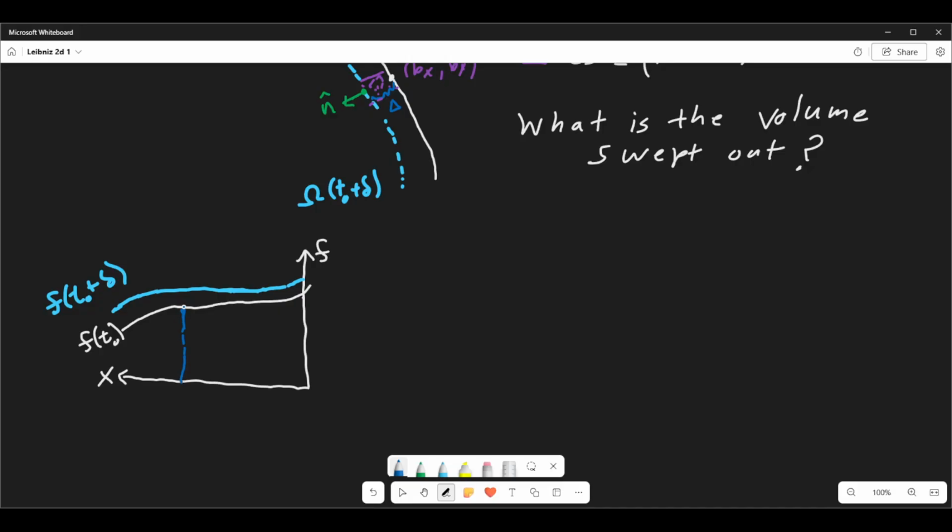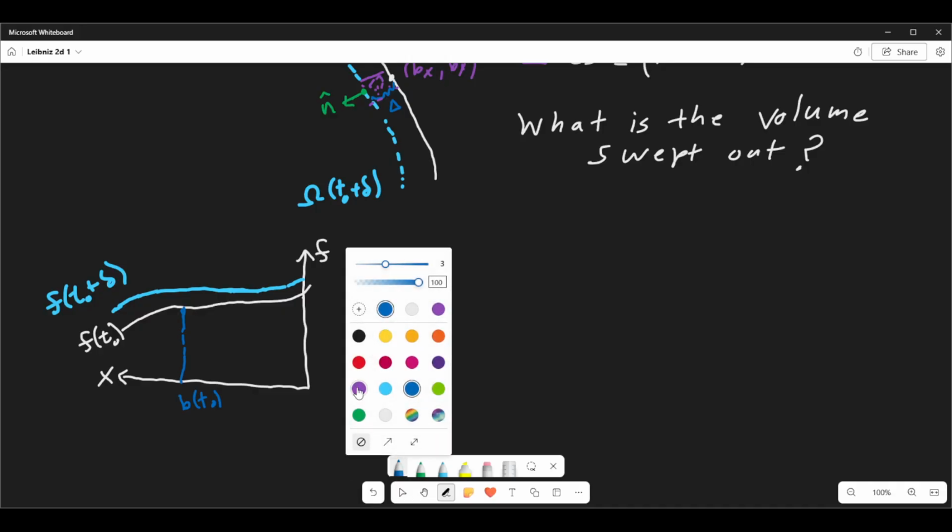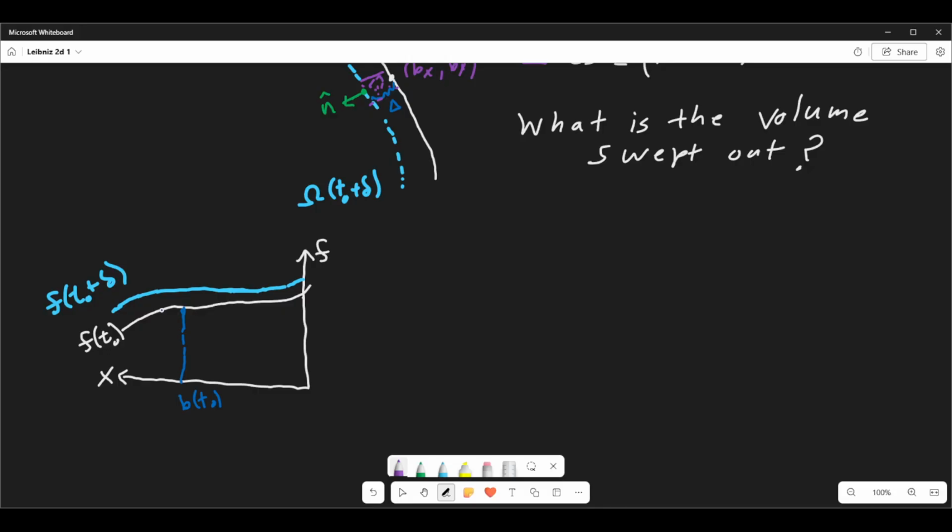Well, it starts out, this is b of t naught. And then the boundary basically moves to another location, t naught plus delta.